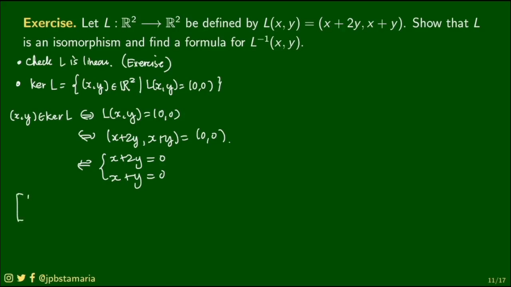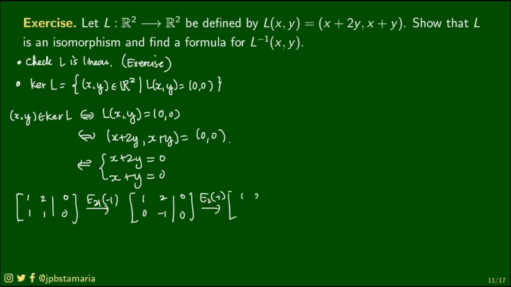So we use Gauss-Jordan if you want, or you may want to use simple elimination. Okay? I'm going to do this. 1, 2, 0, 0, minus 1, 0. And then I'm going to multiply a negative 1 on the second row. There. And then I'm going to do this.